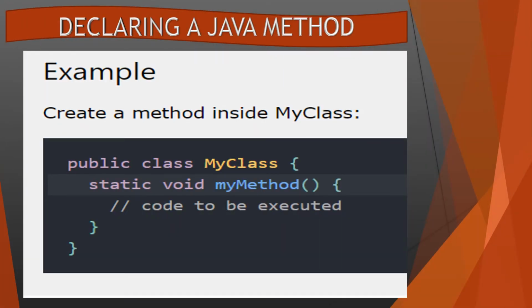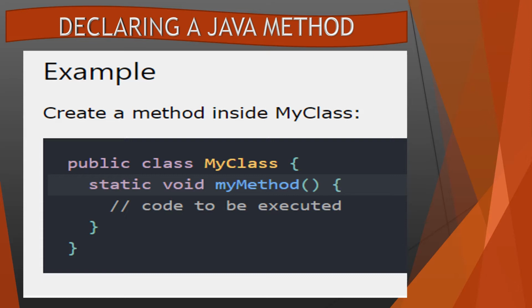Let's have more examples of how to declare a Java method. Again, to create a Java method, a method must be declared within a class. It is defined with the name of the method followed by parentheses. Java provides some predefined methods such as System.out.println, but you can also create your own methods to perform certain actions. So here is the example: create a method inside MyClass.